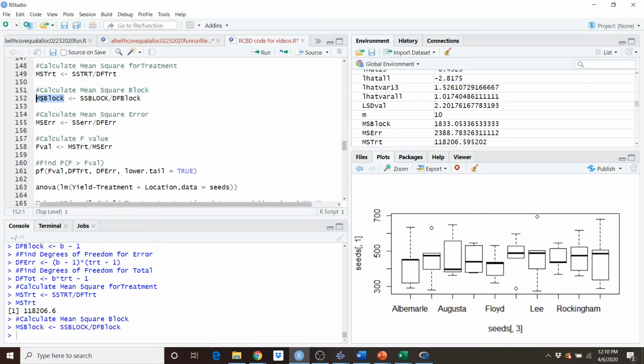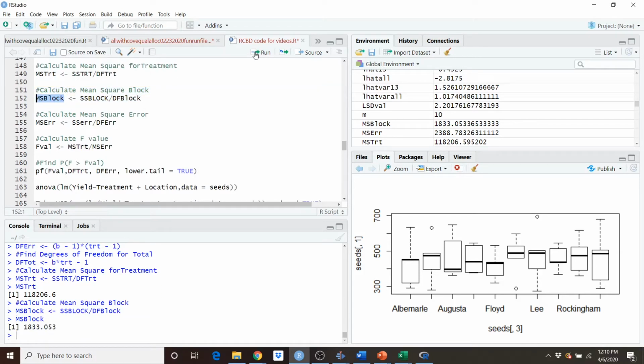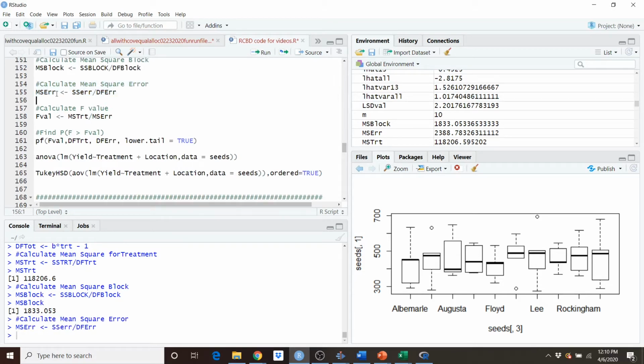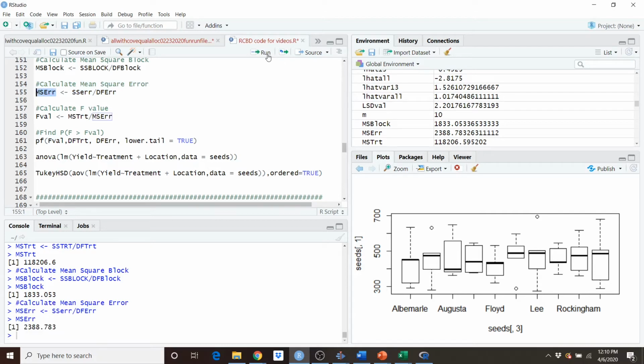So our mean square block now is 1,833.053. And then our mean square error, our sum of squares error over degrees of freedom for error. So our mean square error here, 2,388.783.